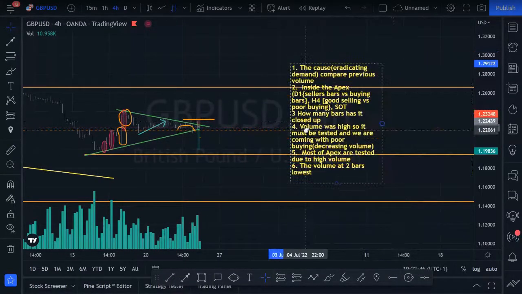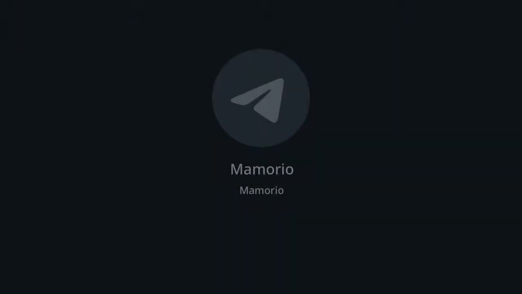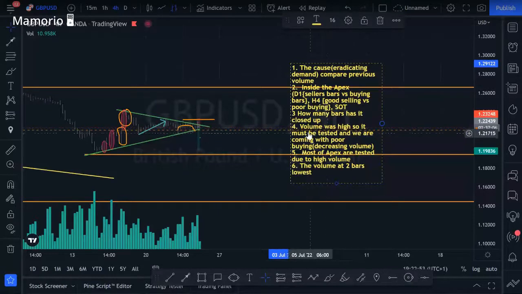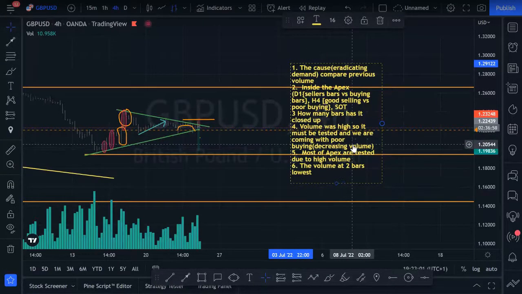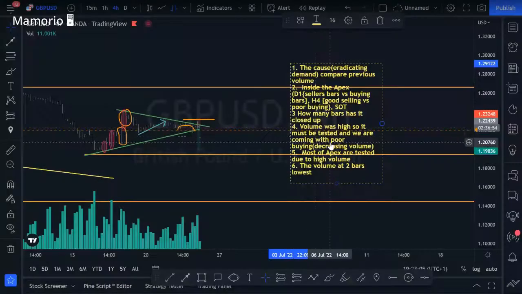Our volume was high, so it must be tested, and we are coming for buying with decreasing volume.